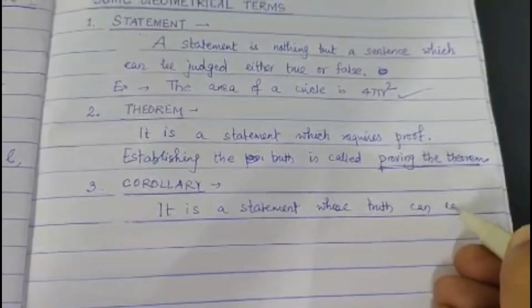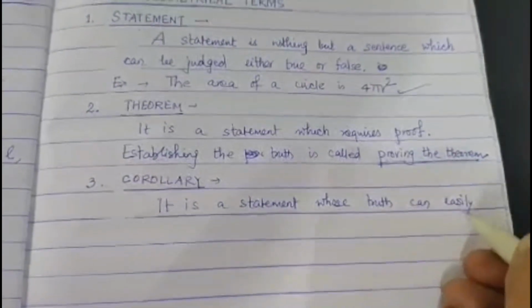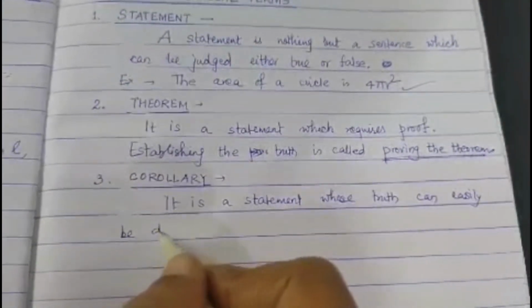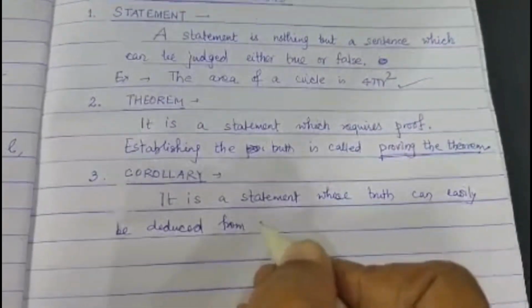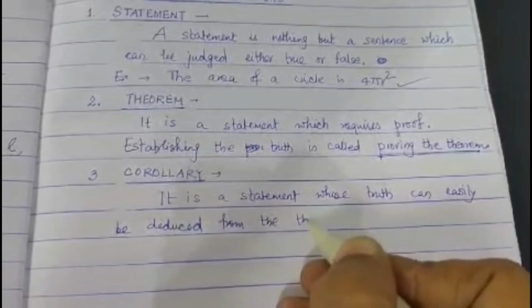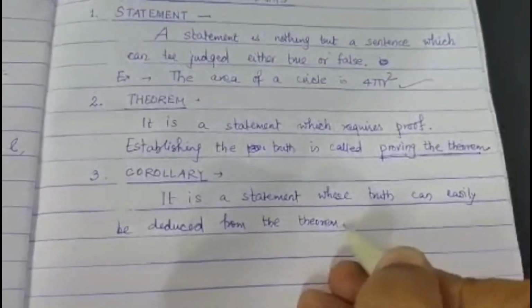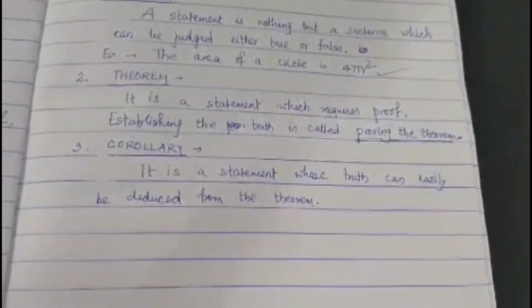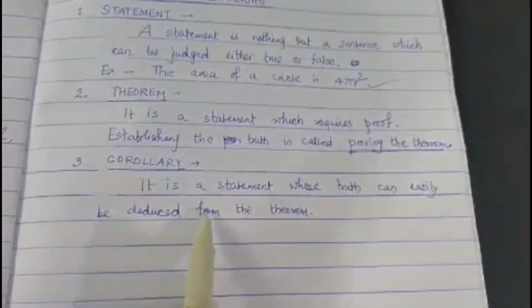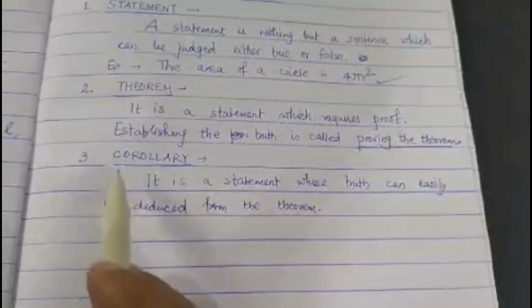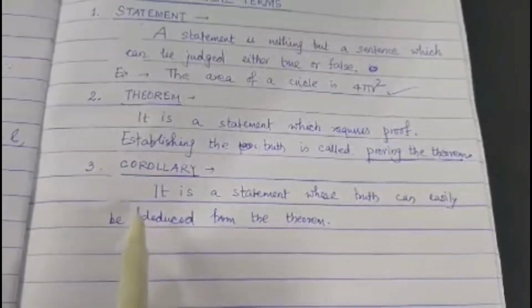It is a statement whose truth can easily be deduced from the theorem. Means if you have the theorem, then it can be easily deduced from it. So it is called a corollary.